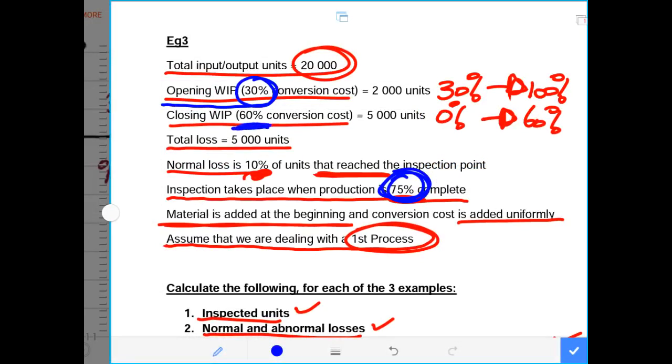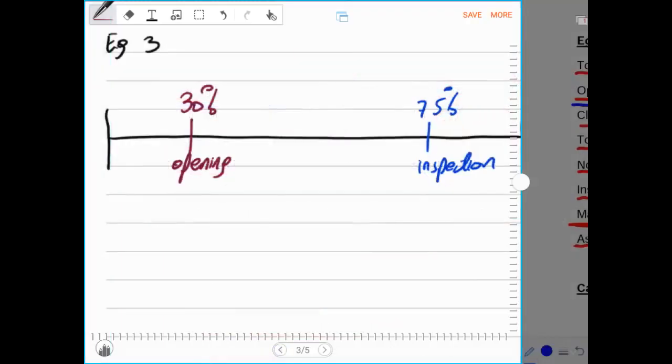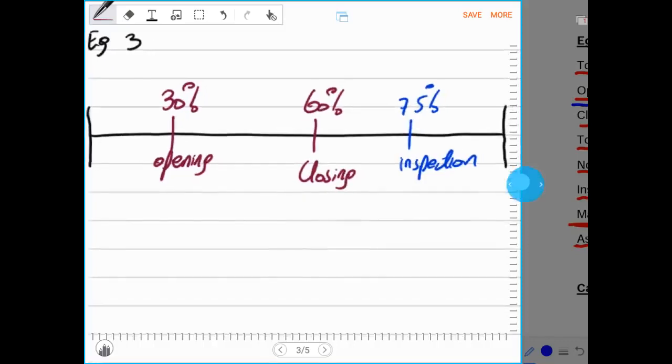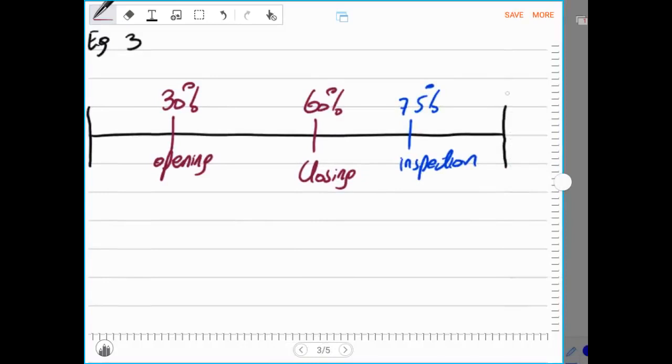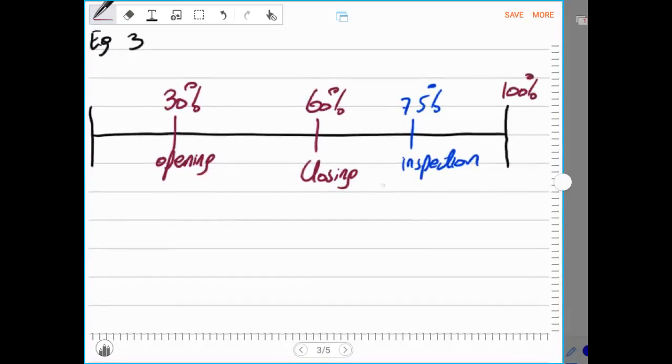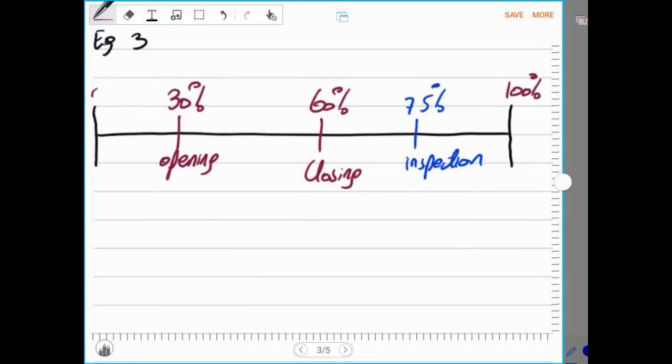Our closing units is 60% completed in terms of the conversion cost. So we write 60% just above half of the line, and this is the closing units. Don't forget that our timeline starts at 0% and ends at 100%. Every product starts from 0 and ends at 100%.